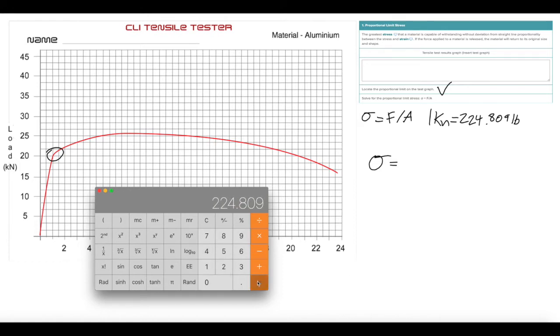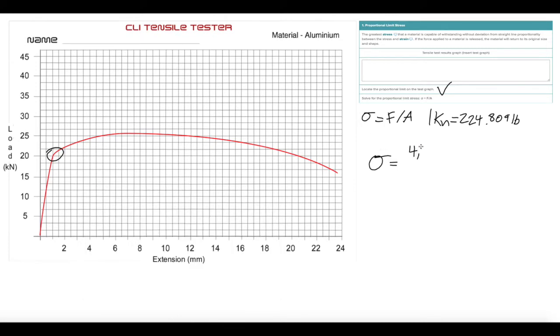And I'm going to go ahead and hit equals, and that's my answer. So it's going to be 4,496.18 pounds. So that's going to be my top right there, 4,496.18 pounds. All right, awesome. All right, so I got my force there.